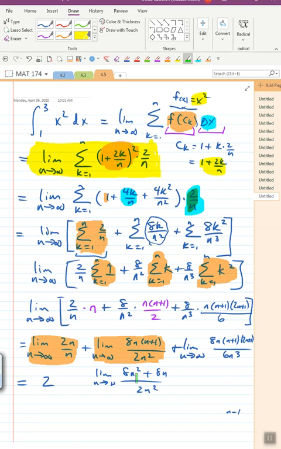What do we know happens when we have a polynomial over another polynomial and the degrees are the same? We know the limit would be the ratio of the leading coefficients. So the limit would be 4.